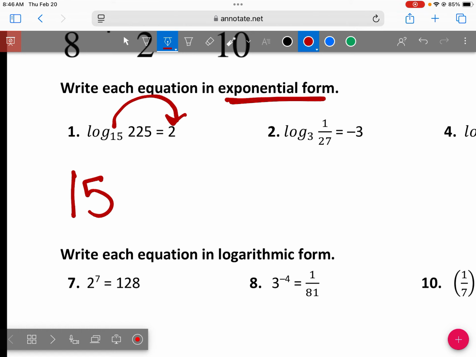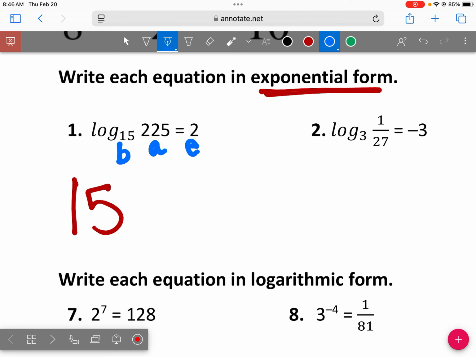So if you were to write it, think about it. This is the base. This is your answer. This is your exponent. It's B-A-E. Bay. So to write it in exponential form, Sean, it would be 15 to the power of 2 equals 225.